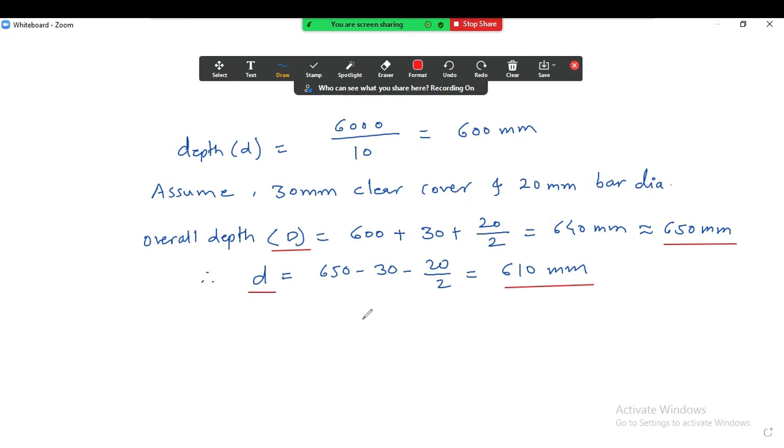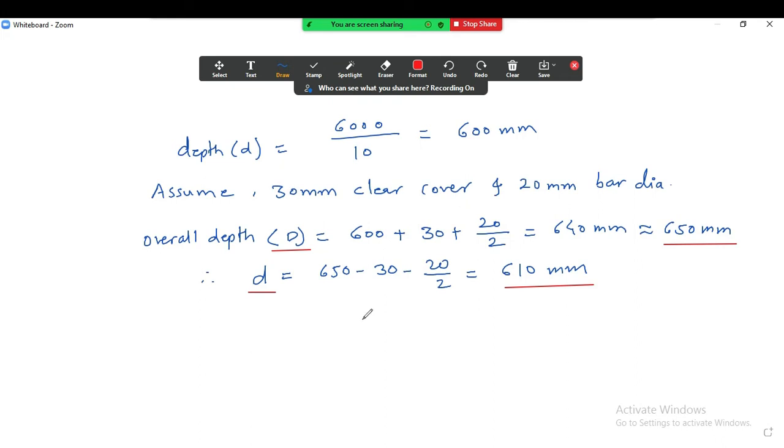Okay, we will do the load calculations now. Here you can see in this problem, they have not given us the self weight of the beam. They have directly given us the dead load. Sometimes they will give you the dead load as well as the cross section dimensions of the beam.